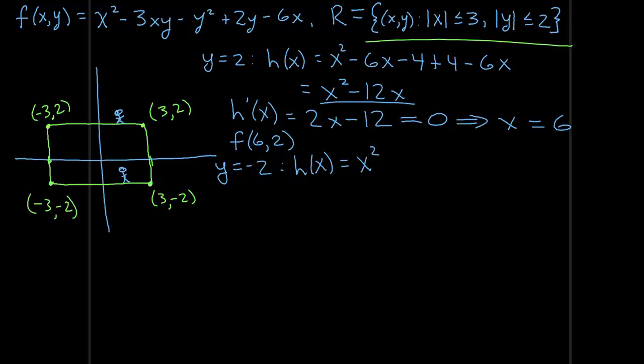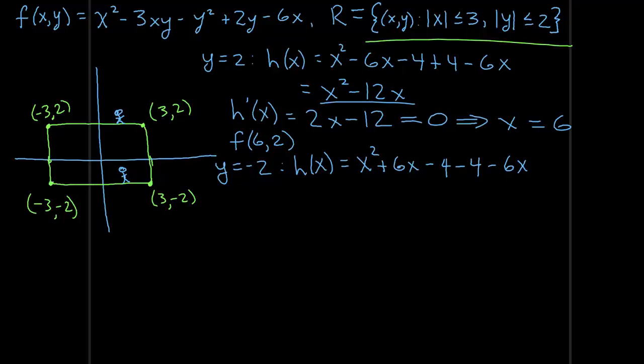But this time, it looks like it's going to be positive 6x, right? Positive 6x minus 4, just like before. And then minus another 4, and then minus 6x. Okay. Does that look right?